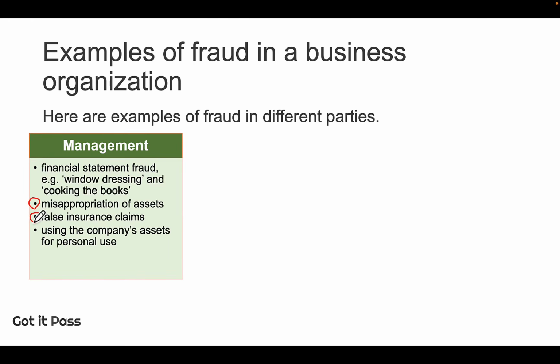But actually the items are not lost, and they can claim the insurance and compensate within the company or the organization, and they can pocket it by reselling the stocks claimed as lost in front of the insurance company. They resell to the market. And in the end, only the insurance company suffered the loss from it. So it's a false insurance claim.